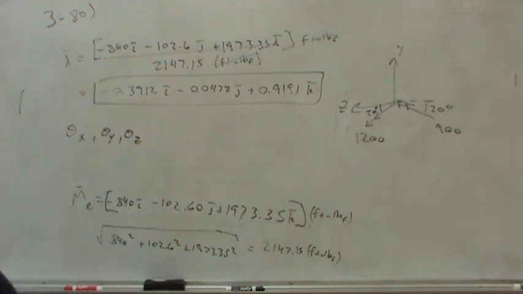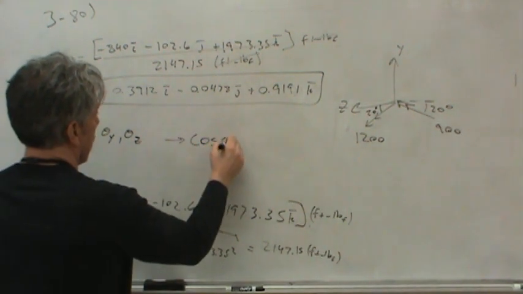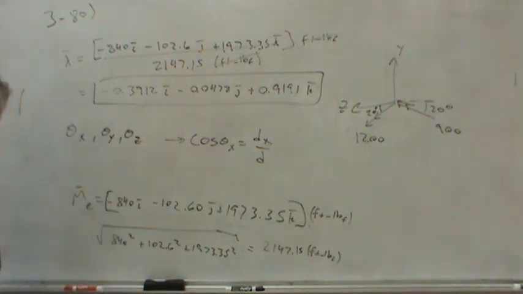So go to page 58 and look at equation 2.3, where they have written that the cosine of theta x equals dx over d.